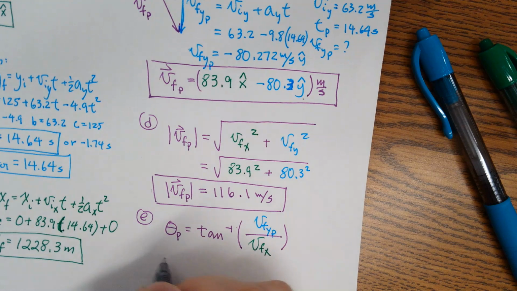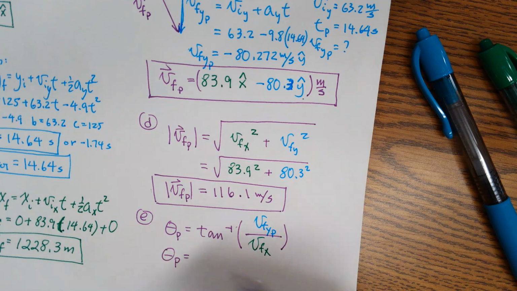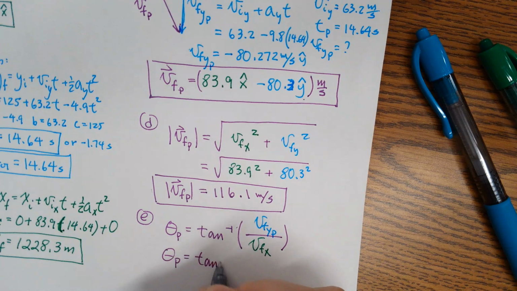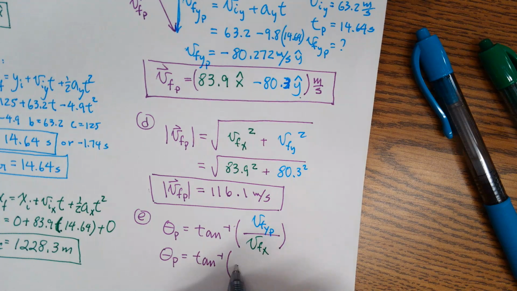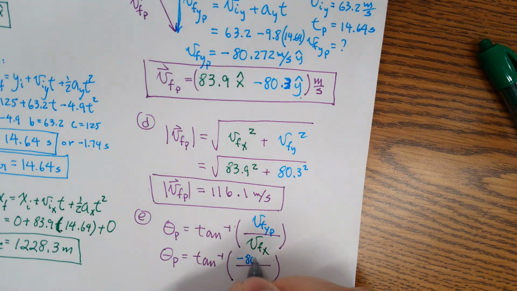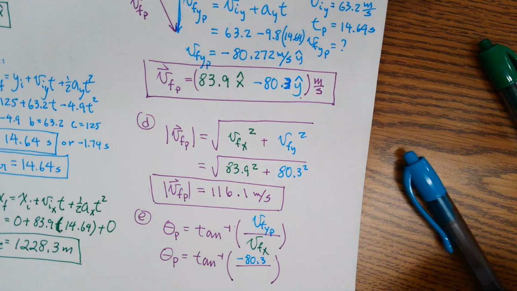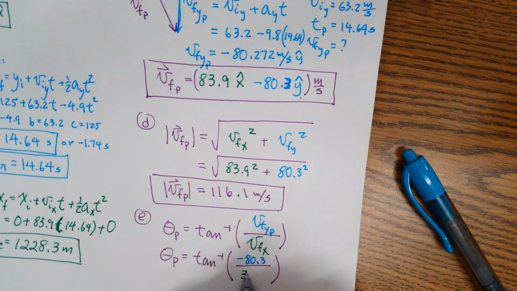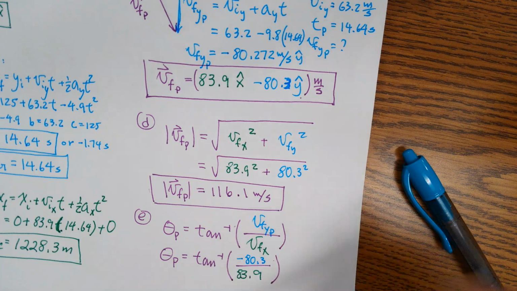So my theta P is equal to tan inverse of negative 80.3 over 83.9.